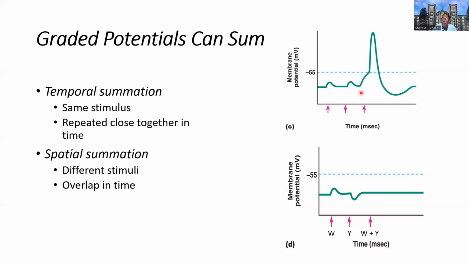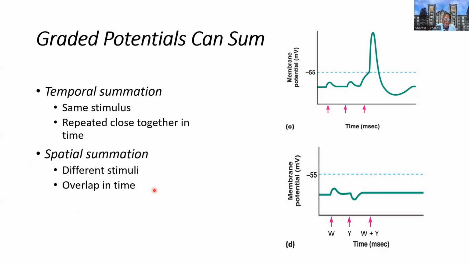So if we have two depolarizing or excitatory graded potentials, and they're both happening close enough in time, that can be added and result in temporal summation. So they have to come along close enough in time for them to be considered and to be added to generate a stronger graded potential.